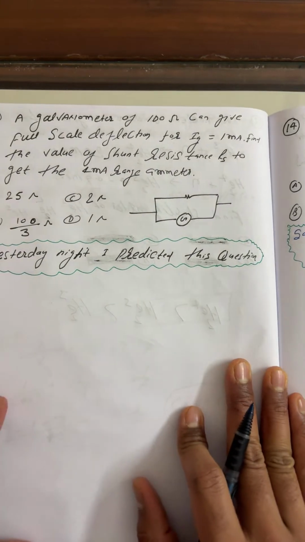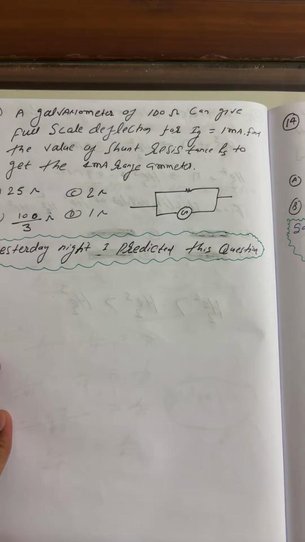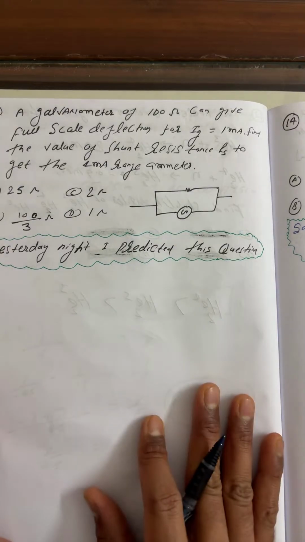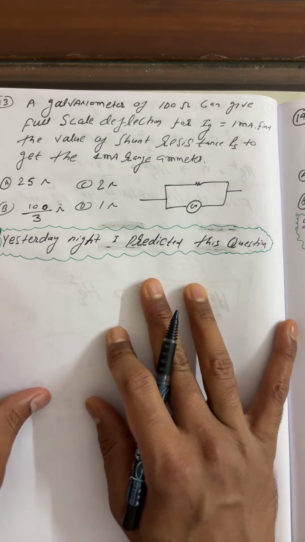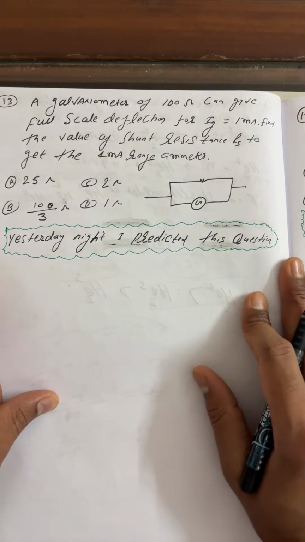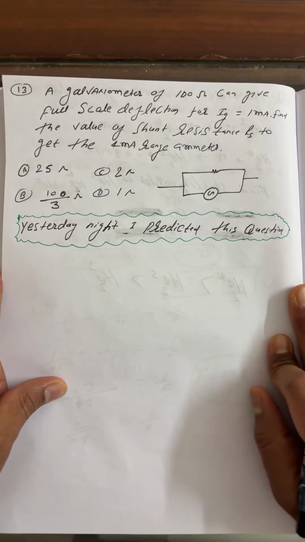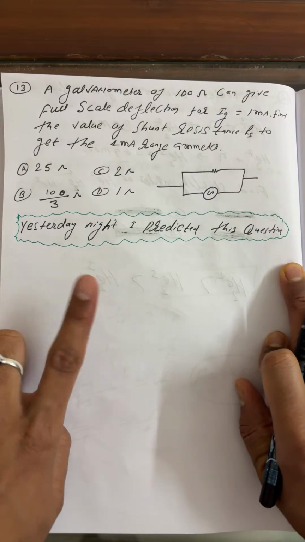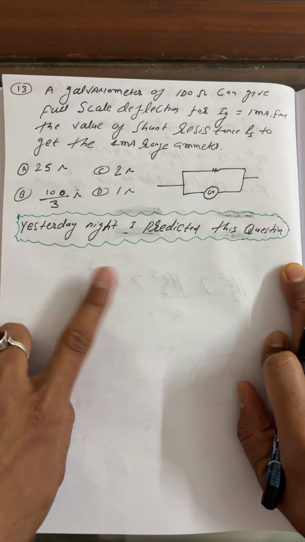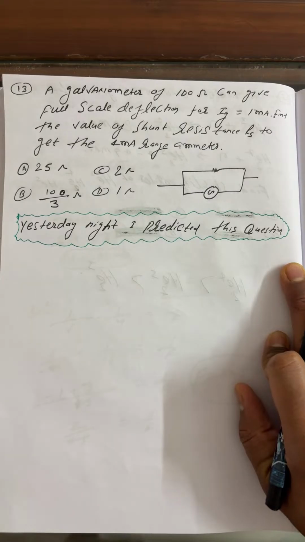Now beta, have a look at the next one. Question number 13. Students, yesterday I already wrote this. During the live class session yesterday, I declared it. Anyone can go and check.